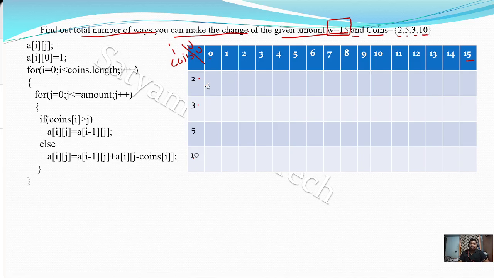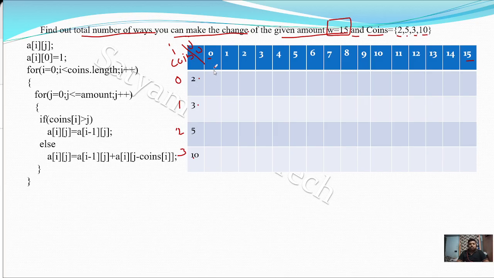Now you can discuss here. Here W is 0, 1, 2, 3, and I is 0, 1, 2 and 3. You can see how many ways there are to form 0 using these coins. When I is 0, the coin is 2.